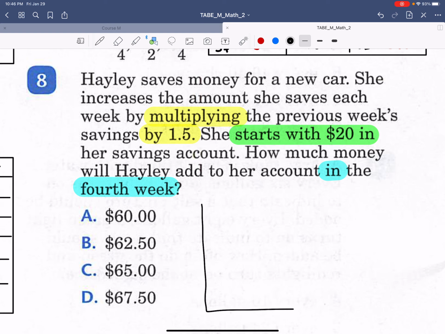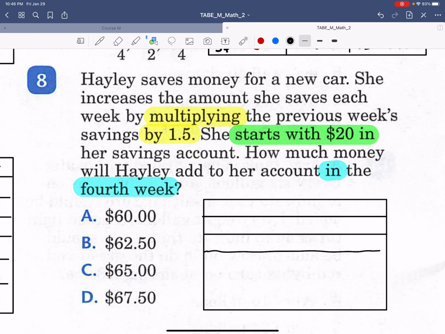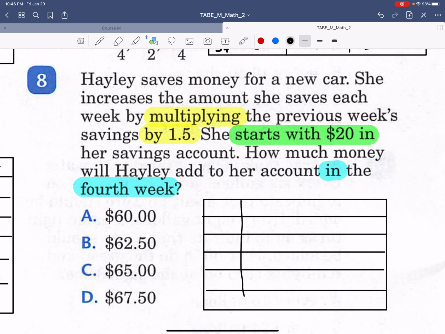So we need 5 rows on this one. I am going to add the extra column because this is a story problem. So 4 columns. And Haley is talking about or working with weeks.